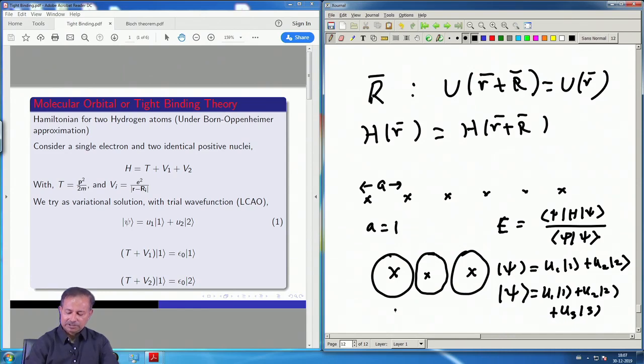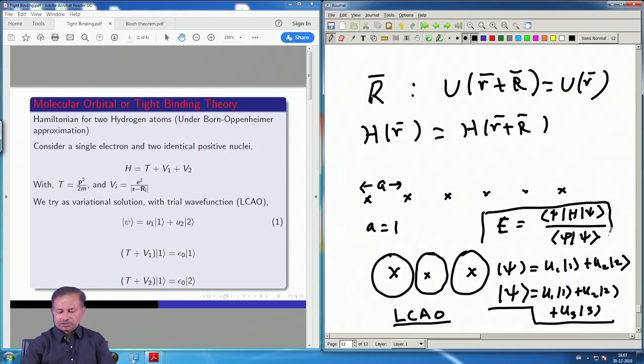So, that is our scheme of LCAO, linear combination of atomic orbitals. That tells me that a trial wave function of this form can be tried, and one can look for the variational energy and solve the optimization problem, the minimization of the energy. Okay. So, that is the route we will take again.